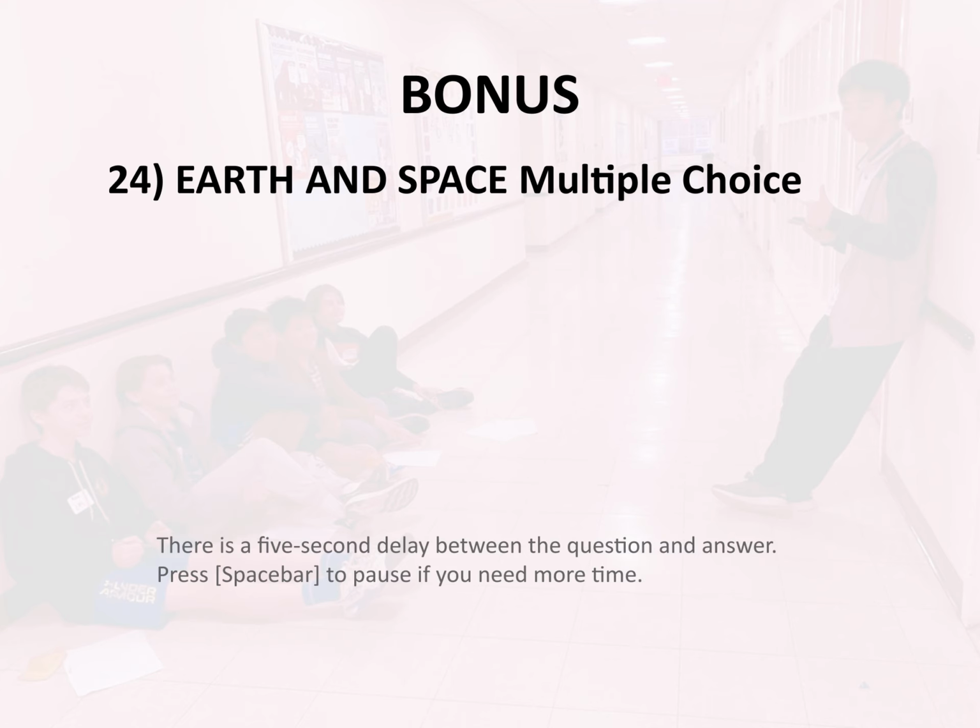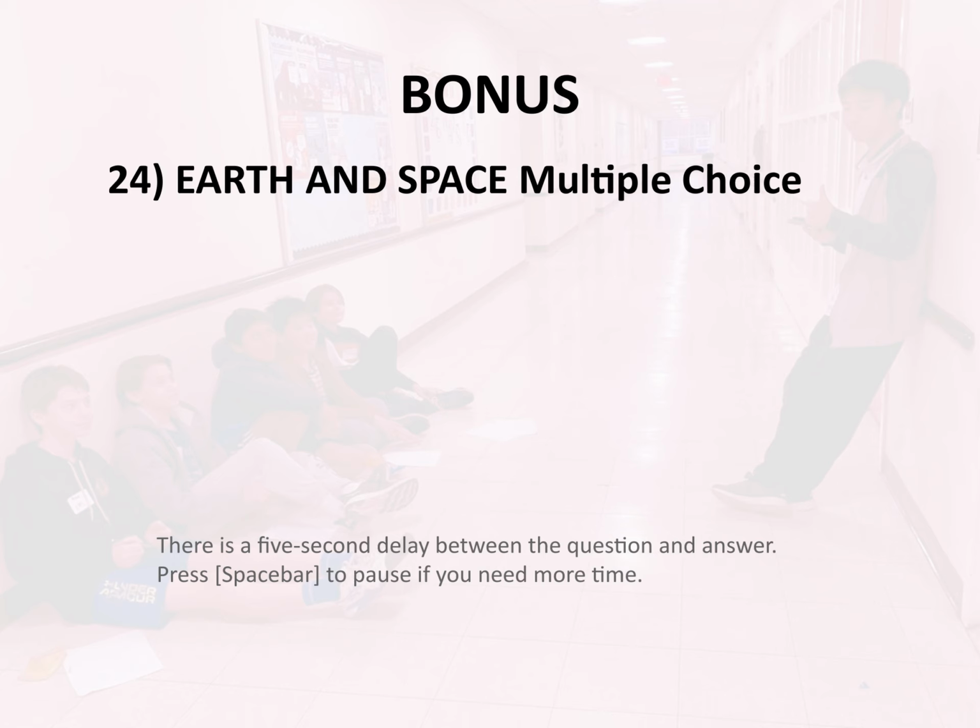Bonus 24. Earth and space. Multiple choice. While most scientists believe global warming will cause soils of northern latitudes to emit more carbon dioxide, one recent study predicted they would sequester more carbon in the future. Which of the following mechanisms could explain this? W. Warmer temperatures accelerate soil respiration. X. Warmer temperatures promote vegetation growth, which fixes more carbon.